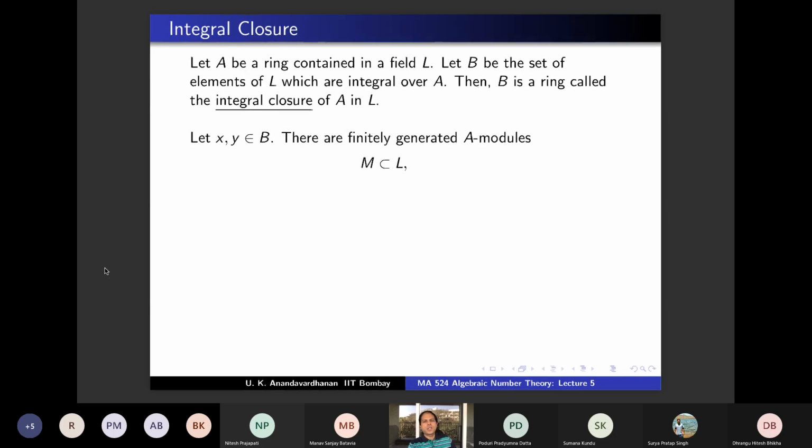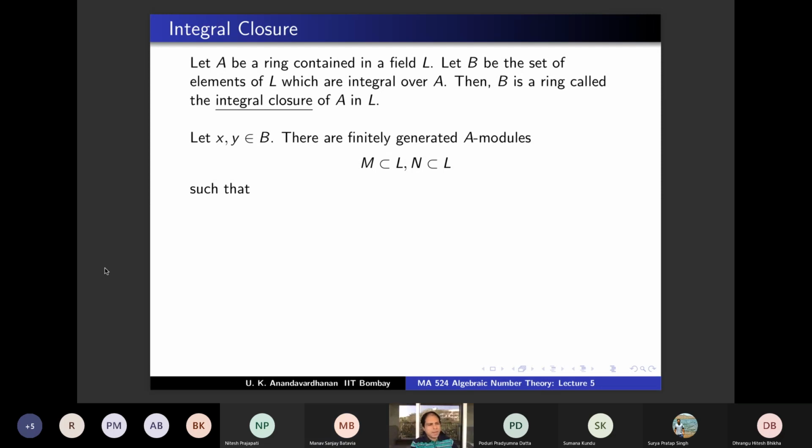So there are finitely generated A-modules M and N such that you can just take M equal to A[x] and N equal to A[y], no? Yes, in this direction that was your M. A is my ring, so M is A[x].